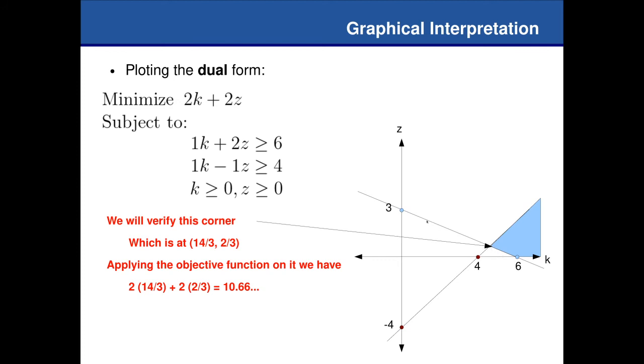It is exactly the point at which this constraint becomes equal to the second constraint, and that is (14/3, 2/3). If I apply 14/3 as my k and 2/3 as my z, take a look at the result of my minimization. That will be 10.666, as in my primal problem.